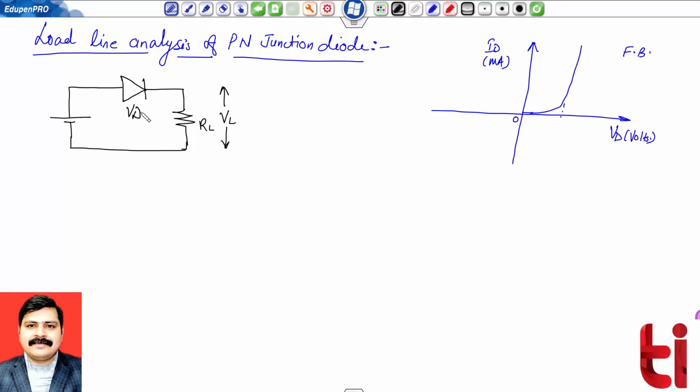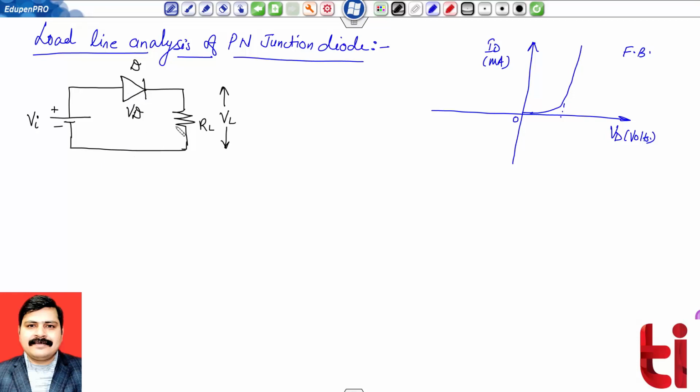Voltage across the diode is VD, and suppose this is my diode D. External supply VI is connected over here, and as you can see, the positive terminal of the supply is connected to the P side of the diode and negative to the N side of the diode.